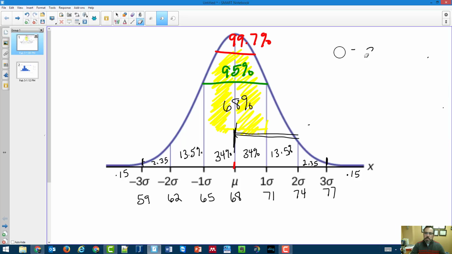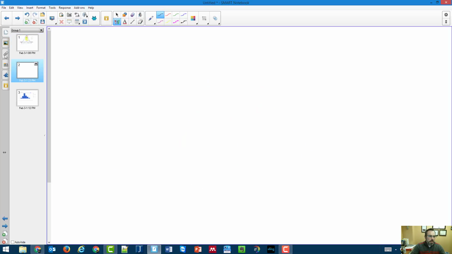I can do this with whatever data we're collecting, as long as I know two things: the mean and the standard deviation. If I know those two things, I can make this exact same chart again. So let's do that, and I'm going to grab another example and make a chart out of that.